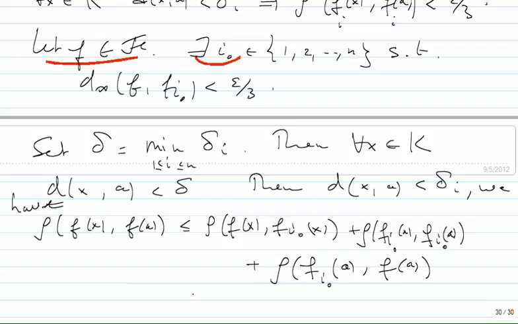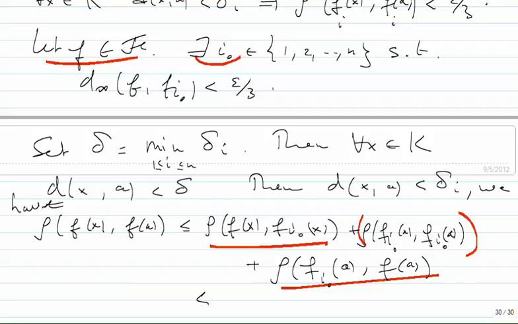So this one here is less than epsilon over 3. This one here is less than epsilon over 3. And this one here is less than epsilon over 3 because we're using the definition of delta.